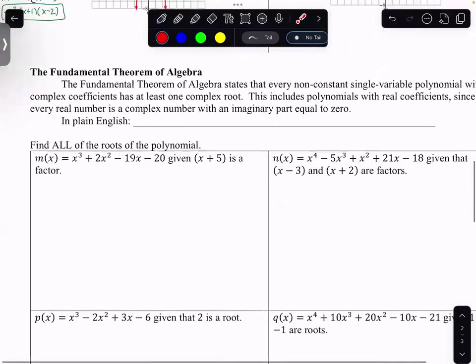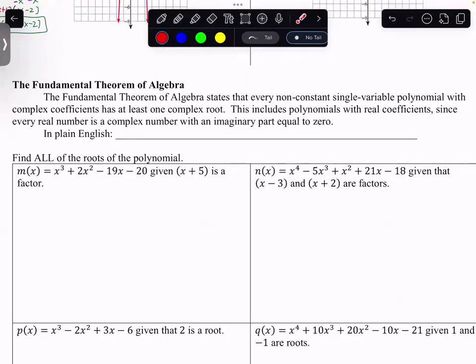All right. So then the fundamental theorem of algebra. Fundamental means something really important that everything is based on. Here's a long description of what it states. Every polynomial has a root that includes real numbers because complex numbers have a real component.